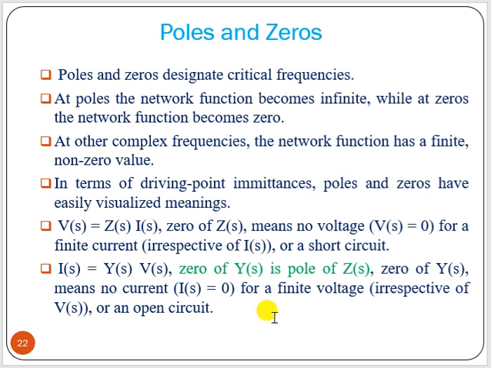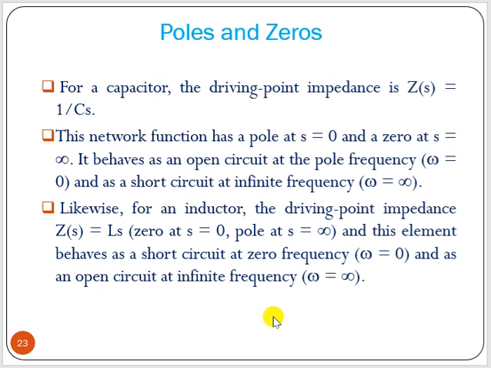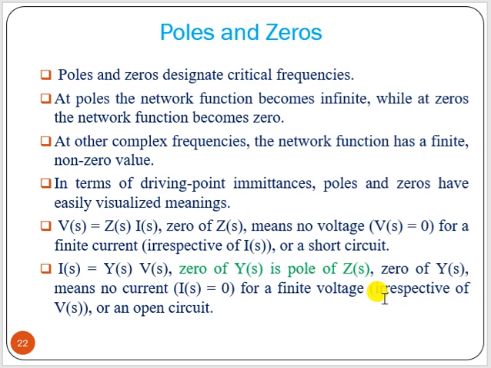That means it makes the transfer function open circuited, so we can find the voltage response of the circuit. So zeros help us find the current response, and poles help us find the voltage response. Okay. And the proof that I have shown you is just like 1 by Cs and Ls.